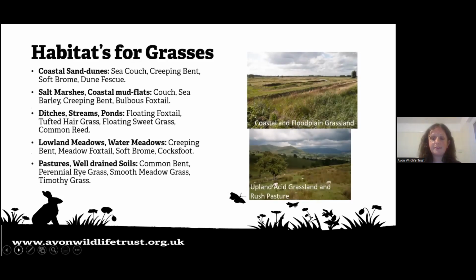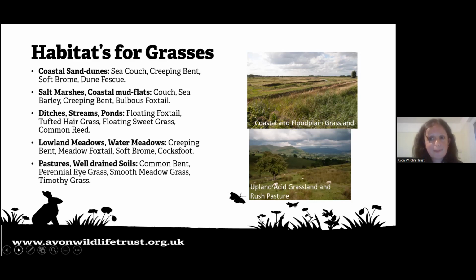And habitats for grasses. Some grasses can adapt to various habitats, as shown here. Bent grasses are the most common in these habitats, as well as some others. I've only listed a few here, but you can find grasses on coastal sand dunes, salt marshes, coastal mudflats, ditches, streams and ponds, lowland meadows, water meadows, pastures, well-drained soils.